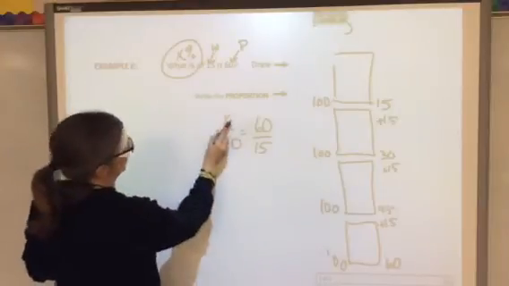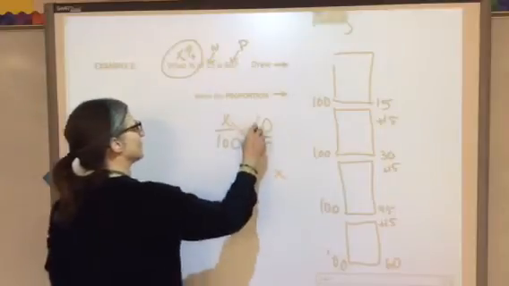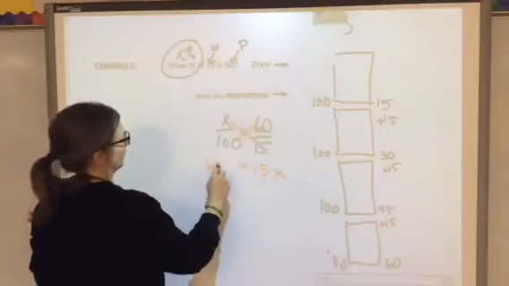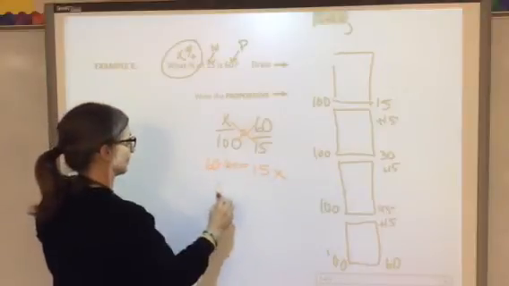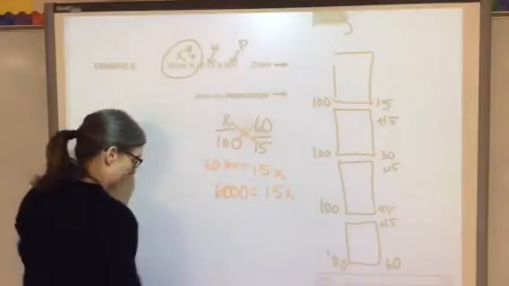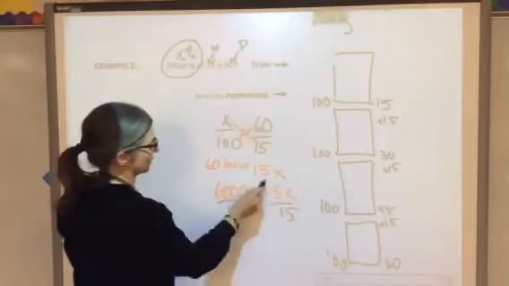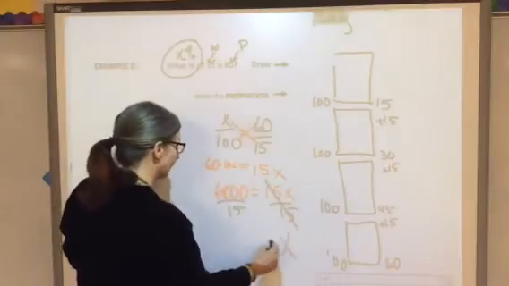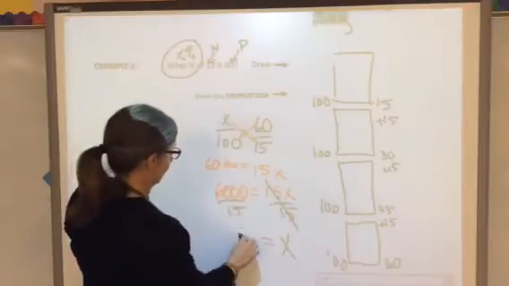So 15 times x equals 60 times 100. 60 times 100, just take 6 times 1 and then add the 3 zeros as the shortcut. So that's 6,000 equals 15x. Now I'm going to divide both sides by 15, my one-step equation. That's 1x, or x alone. And 6,000 divided by 15 is 60.